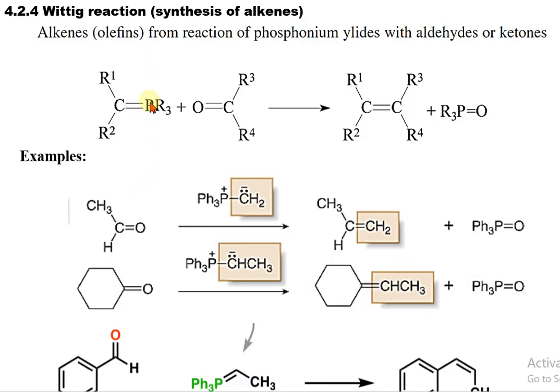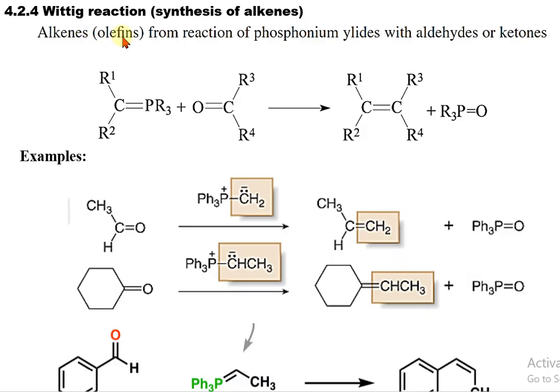Carbanion Lecture number 3. In our Organic Chemistry class, we start with the Wittig reaction, which is related to the preparation of alkenes.